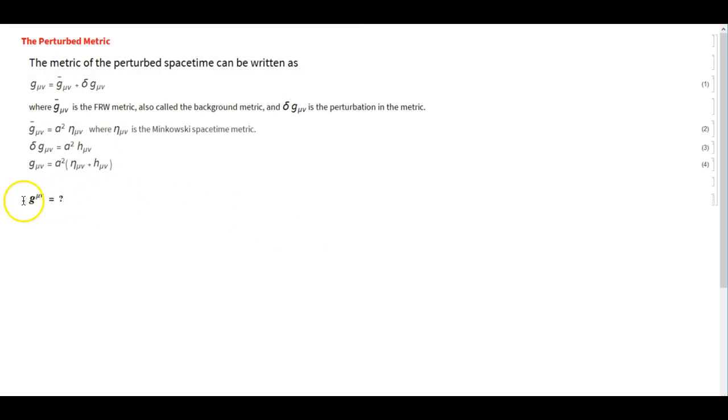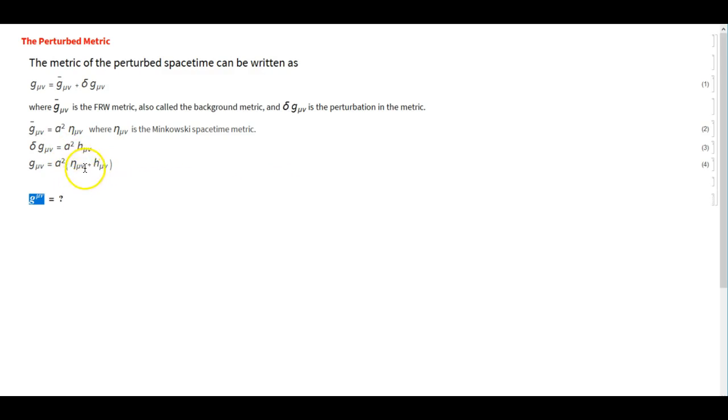Now, before we find an expression for this, let us recap a few things about the background metric and the Minkowski space-time metric.